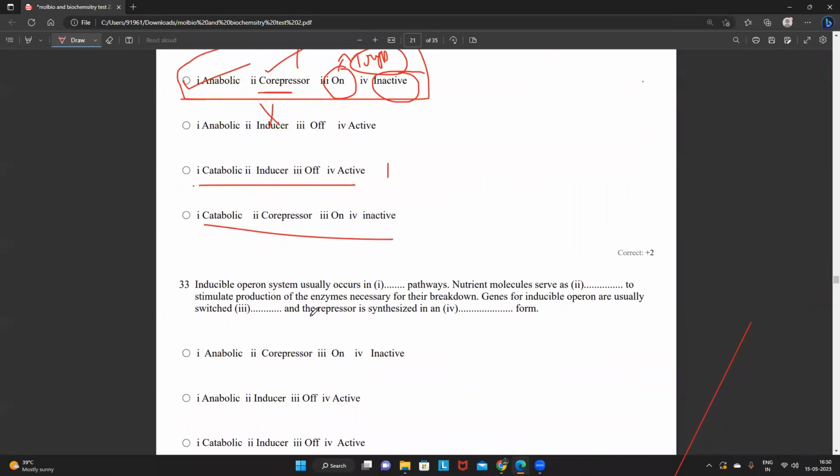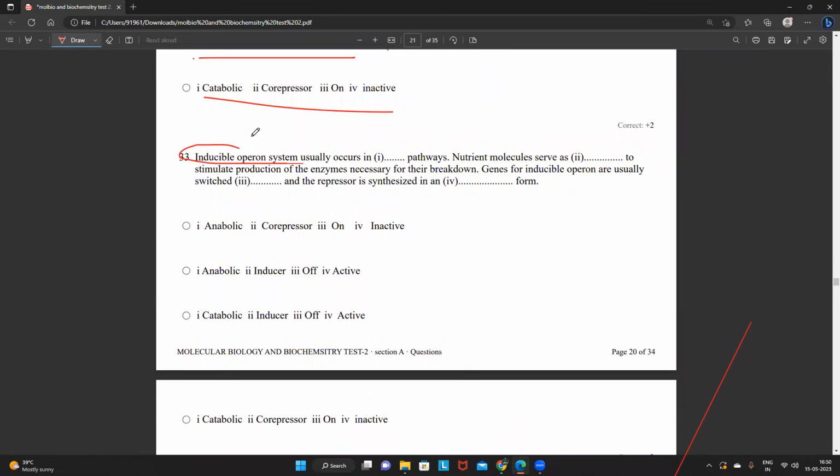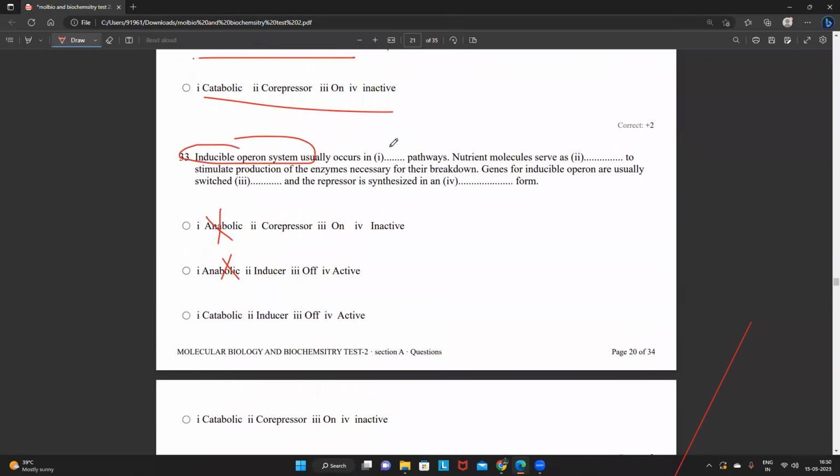Now, just the opposite, I have asked another question. The moment you heard the name of an inducible operon, what can you eliminate? Option 1 and option 2 you can eliminate. Inducible operon systems usually occur in catabolic pathways. Here the nutrient is lactose, and lactose acts as the inducer molecule.